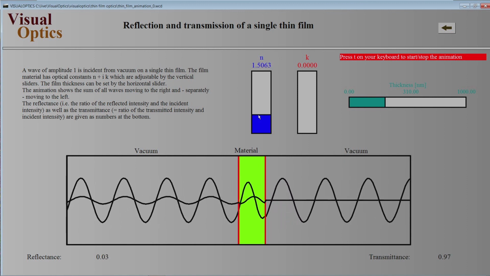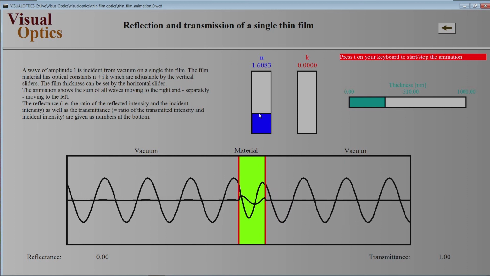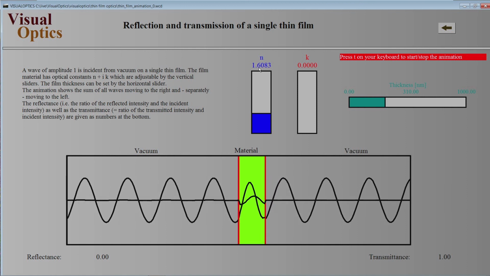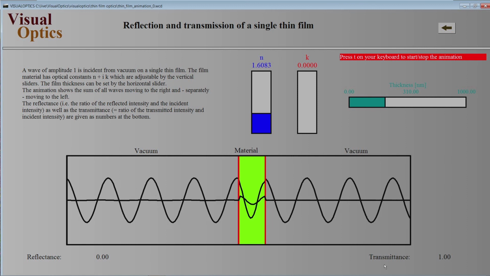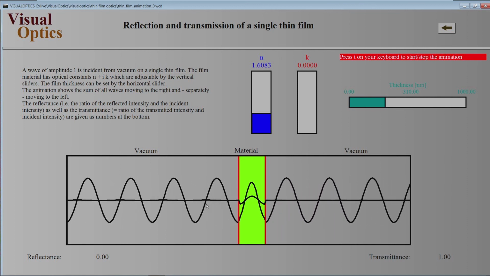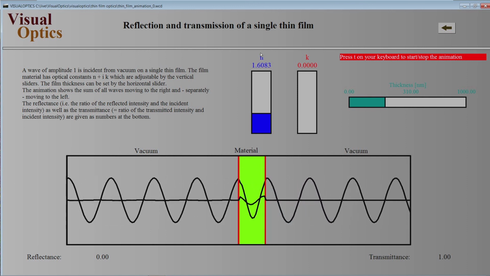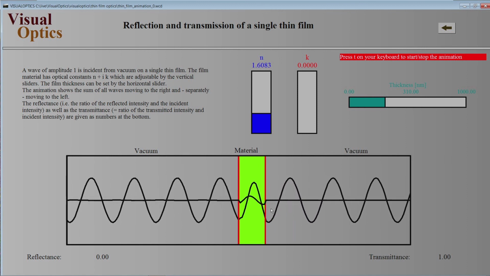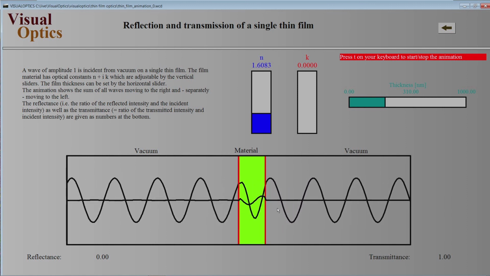And let's see if I can generate a situation like this. Okay. Now we have a refractive index of 1.6. We have a reflectance of 0 and a transmission of 100%. So now, even if the light wave has to travel through a material of a rather high refractive index, there is no reflection at all, and there is 100% transmission.